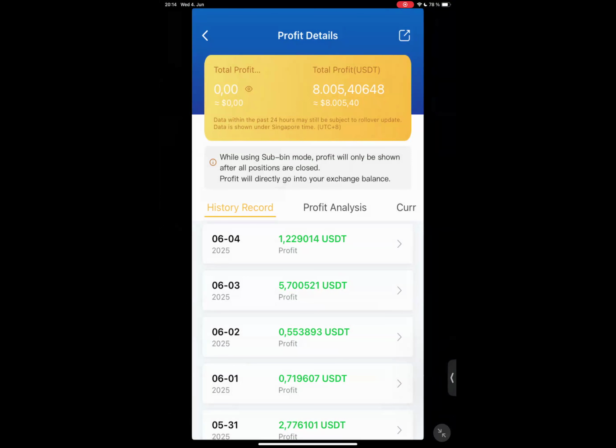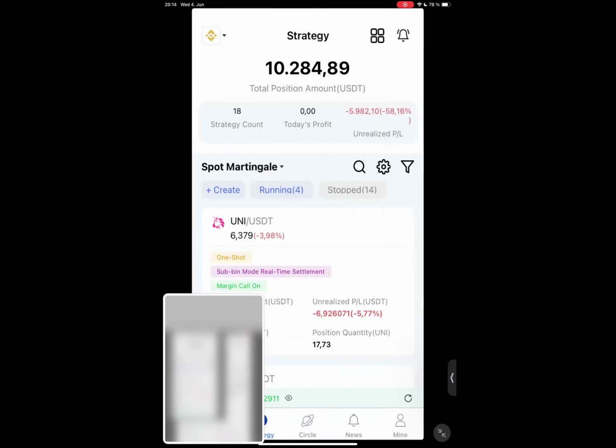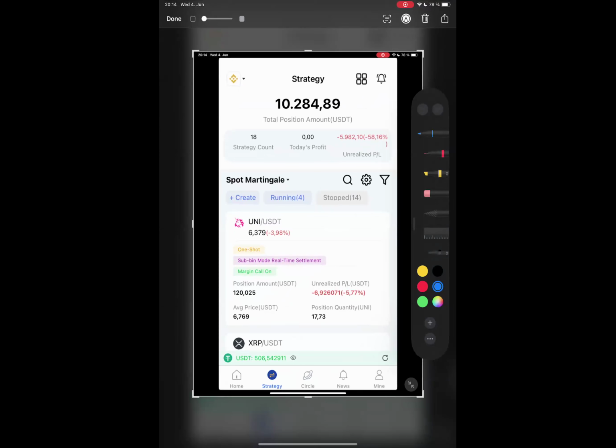But the wise ones, or those that are very vigilant, can see it. Let's assume, let me go to strategy. This is where you see the coins that are trading. So this is 506 USDT I have at the moment. Let's assume this unicorn sells off. I've only invested 120.